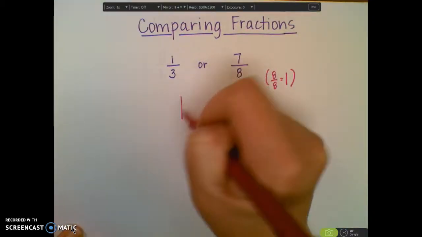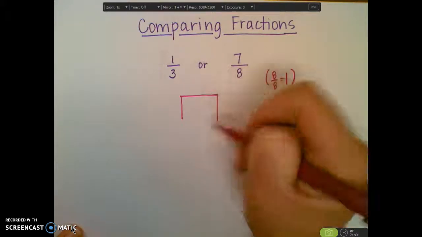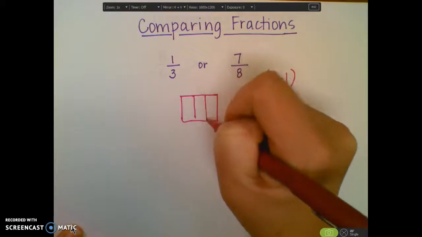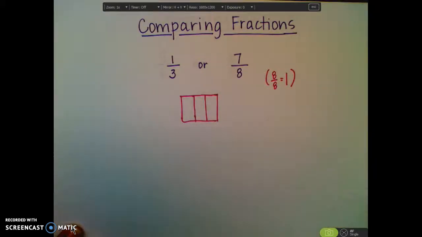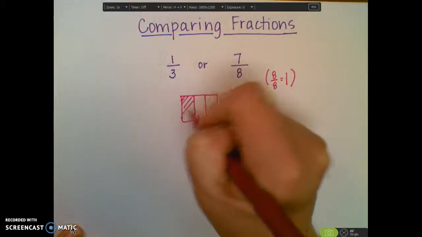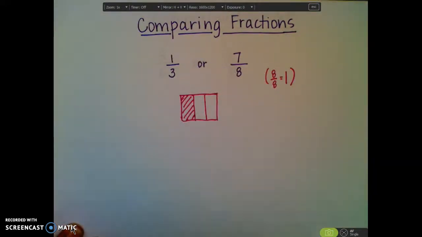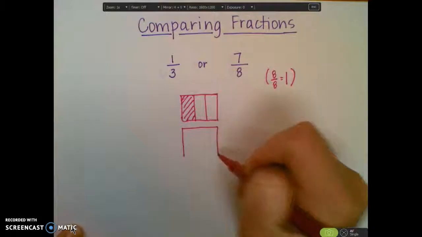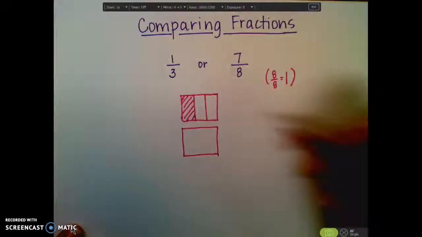You know, like if I had a picture of 1/3, so I'm going to take my whole 1, I'm going to divide it into thirds, and we know that this represents 1/3. But then when I have a fraction of the same size, and we're going to divide it up in 8 parts.